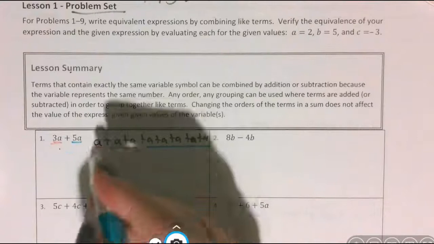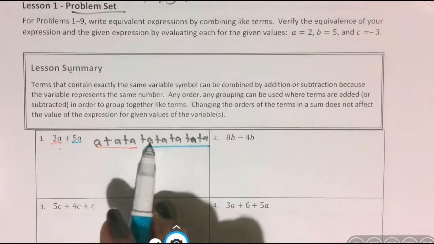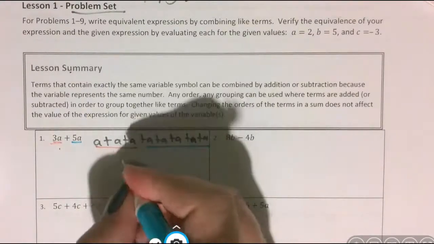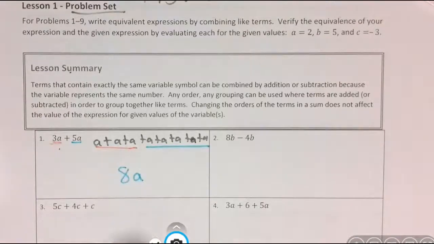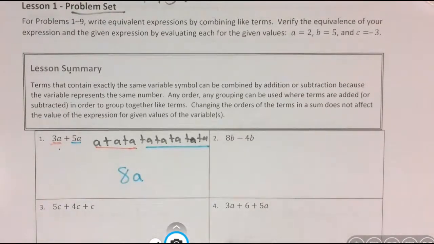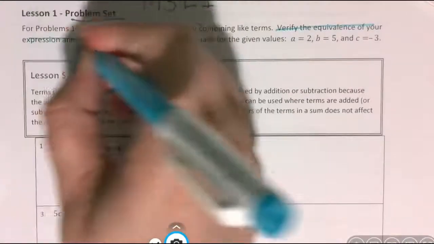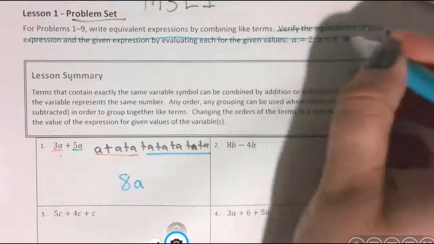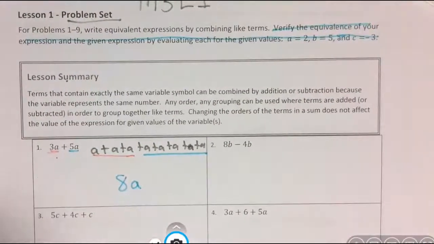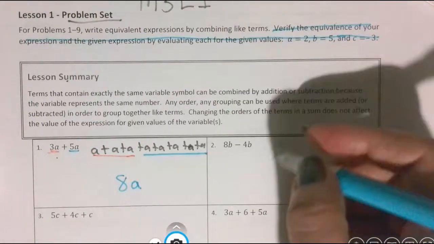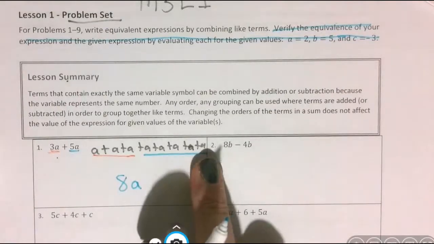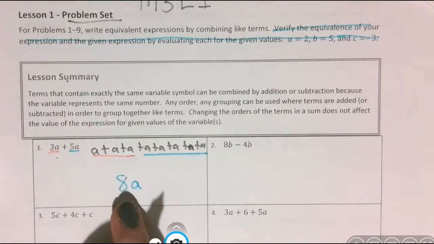So together, if I count these, 1, 2, 3, 4, 5, 6, 7, 8 a's. And that was the result that we were looking for. At this point, we are not verifying. We will do that in the next lesson. But for now, we're just going to expand and then come up with standard form for our answer.